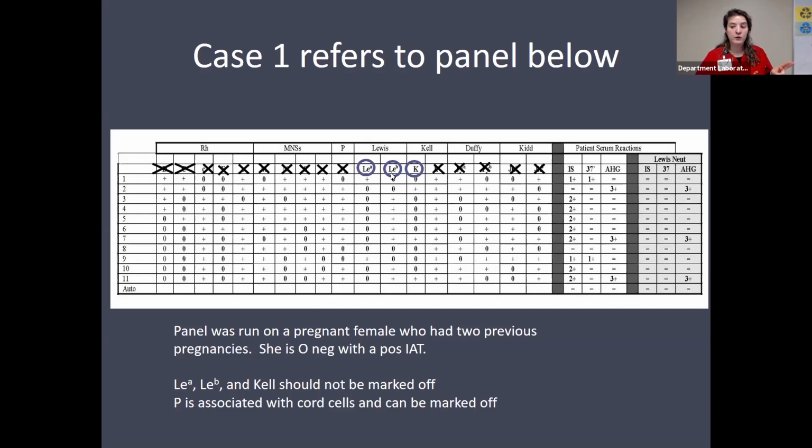And if you look at Lewis B, Lewis B is reacting at initial spin only, right? So you definitely have 3 positives. But if you've established that Lewis B is only reacting at initial spin, you still only have 2 negative cells.